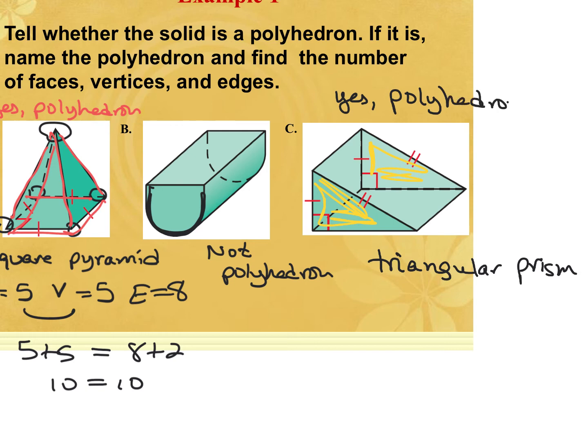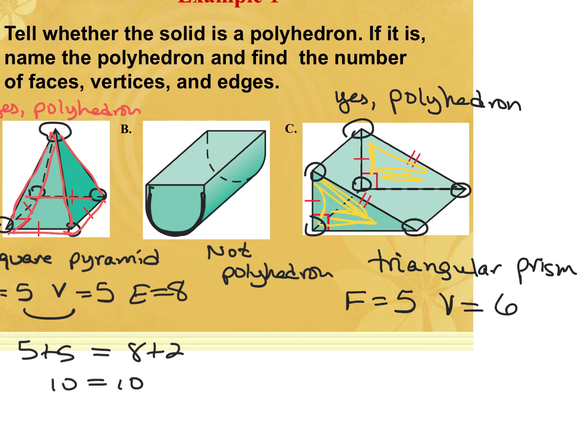And now let's go ahead and count faces first. So we already said 2 triangle faces, 3 rectangle faces for a total of 5. The vertices, let's count them. We've got 1, 2, 3, 4, 5, 6 vertices.